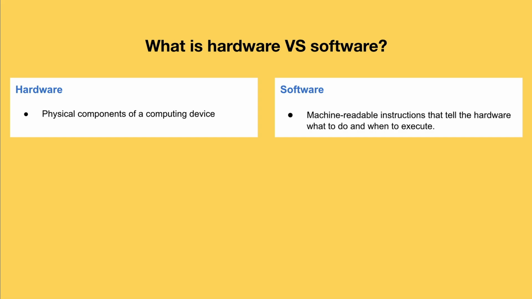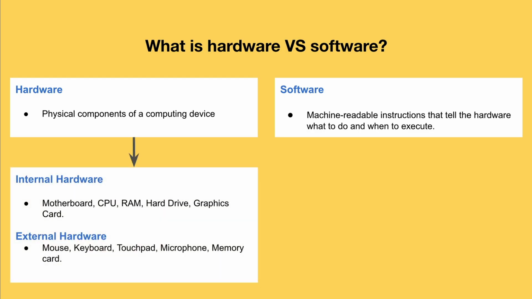Okay, let's see some of the names for some hardware. As for hardware, we have two types: internal and external. For internal hardware, for example, in our computer, we have a motherboard, CPU, RAM, hard drive, graphics card, and many other components.